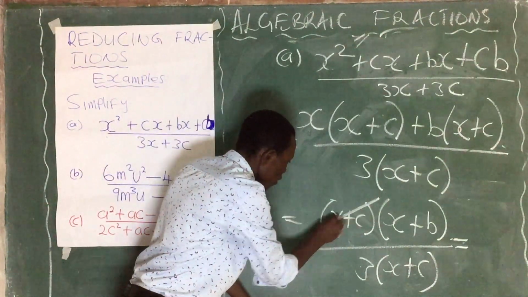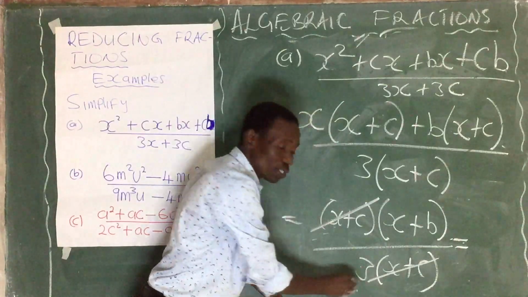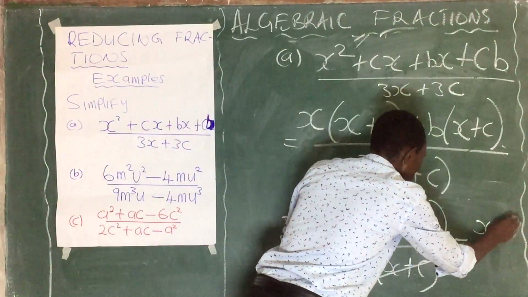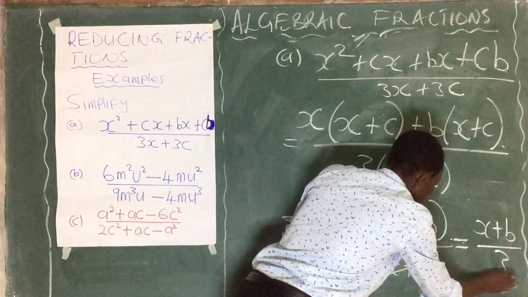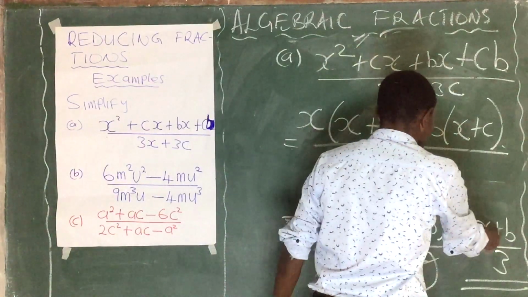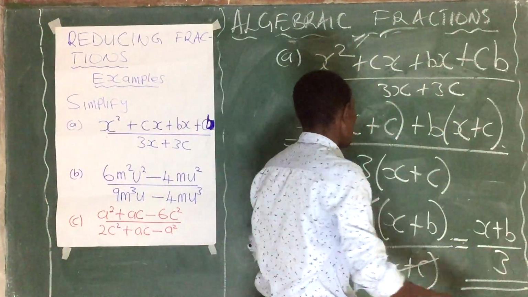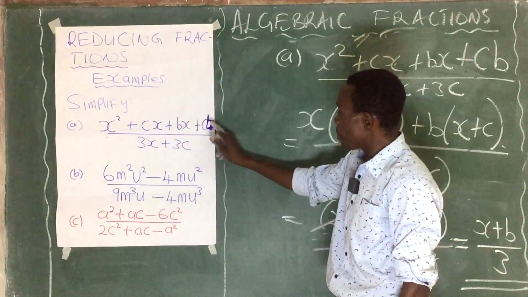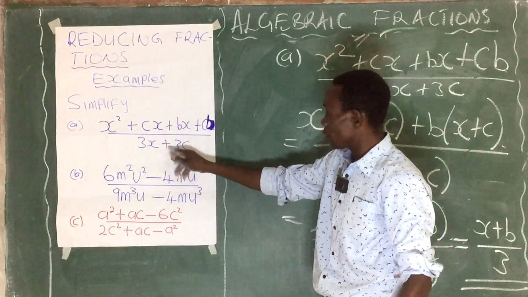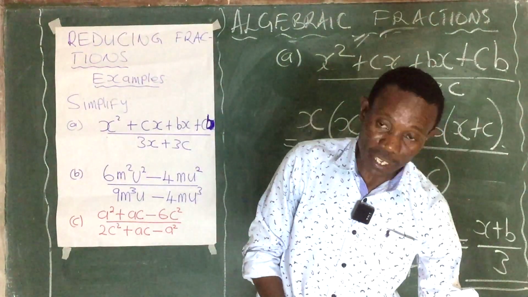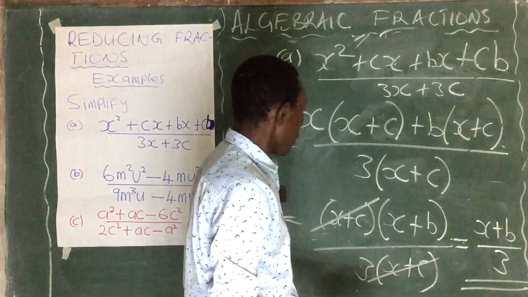So the whole of x plus c will cancel with x plus c. As such, we remain with x plus b on top, and down here we have got the 3. So our answer is this one here. Which means x plus b over 3 is a reduced form of x squared plus cx plus bx plus cb over 3x plus 3c.